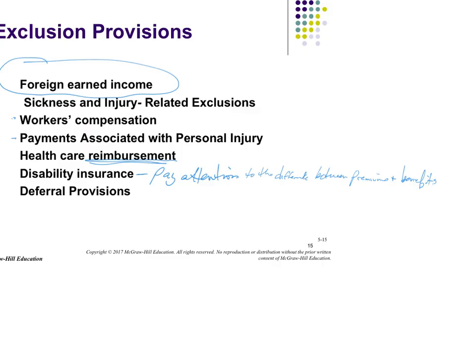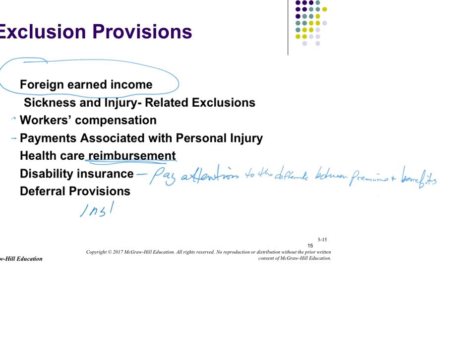premiums. And then we have all kinds of deferral provisions. What do deferral provisions mean? It means that you're not going to get taxed on that realization of income right now, but down the road, there might be some tax implications.